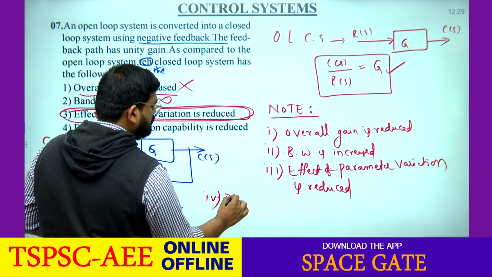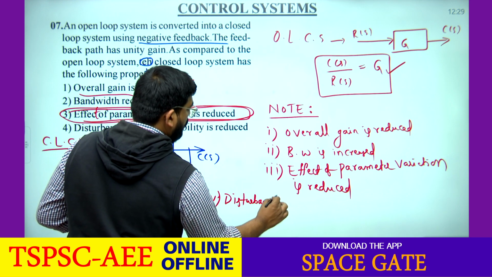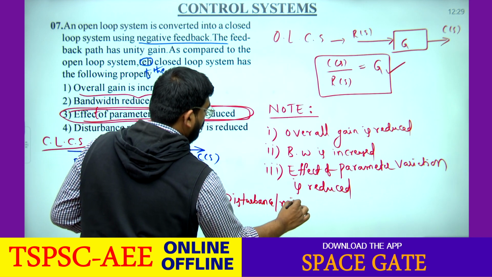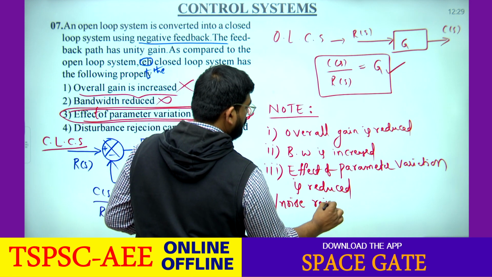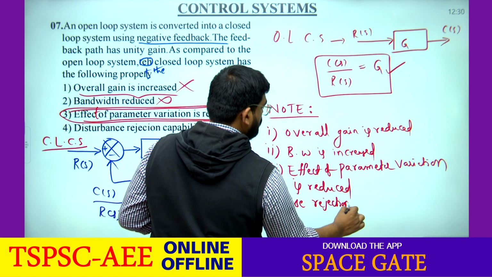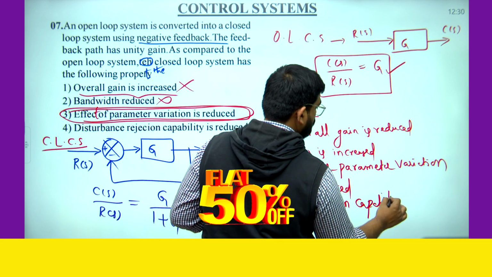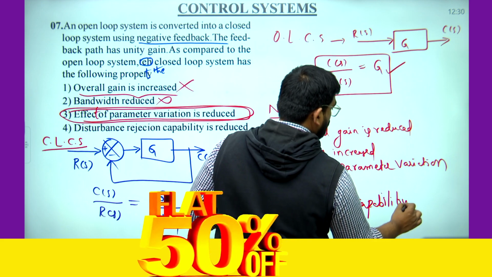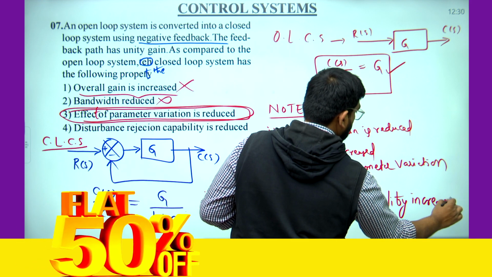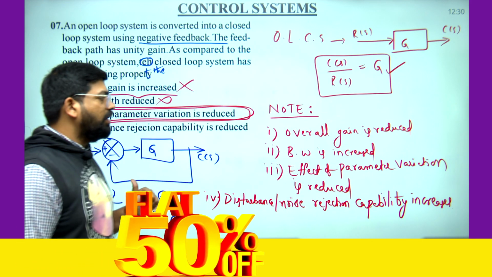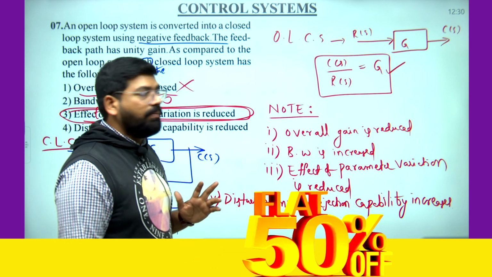Disturbance or noise rejection capability increases, but here decreases is given. Okay. So, these are the effects of feedback on the overall system.